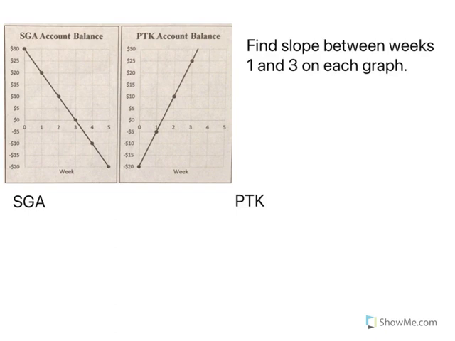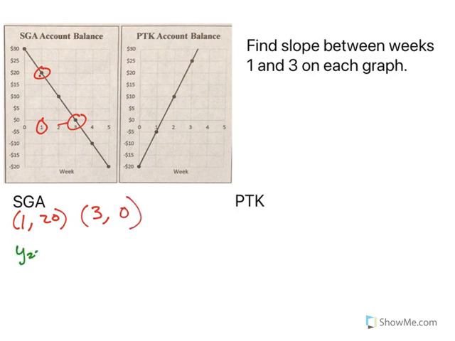Let's go ahead and find the slope between weeks 1 and 3 on each graph. This is kind of a bonus lesson here. In week 1, for SGA, I have the point 1, 20. And then in week 3, the x value is 3, and the y value is 0.